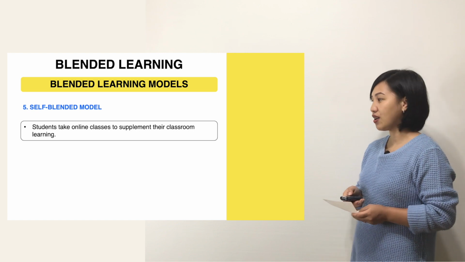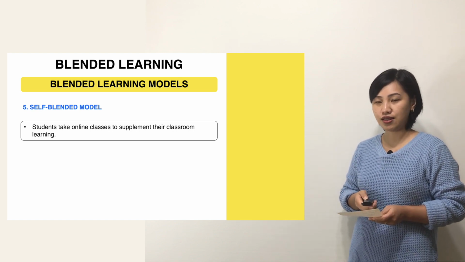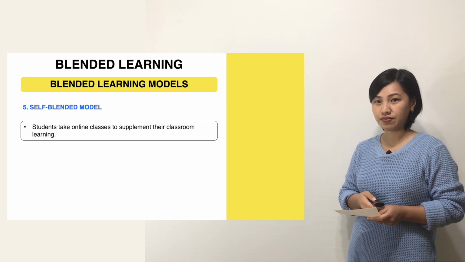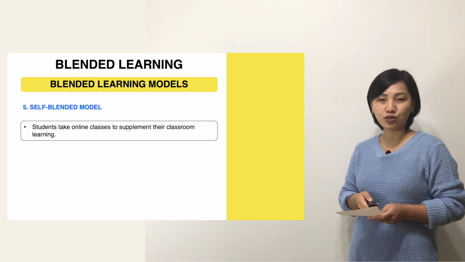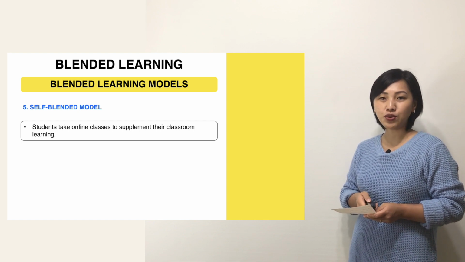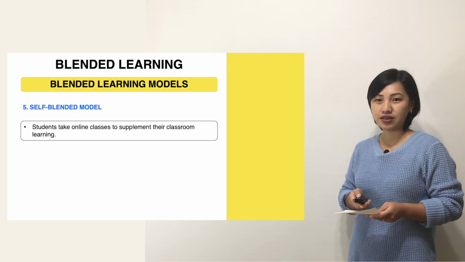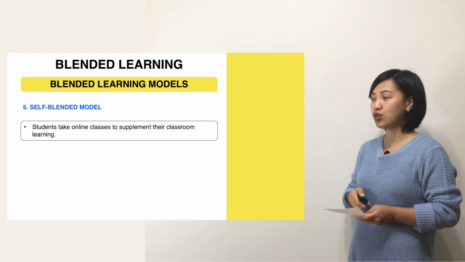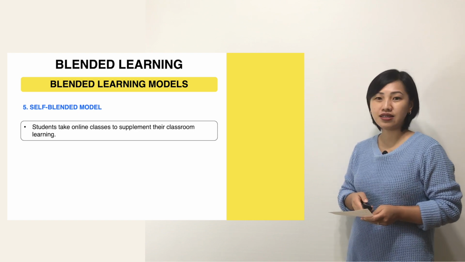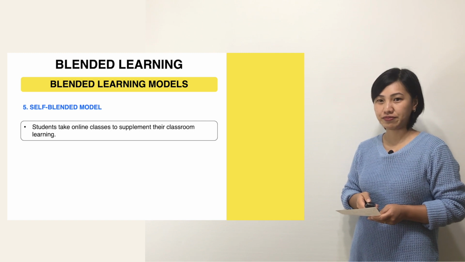So it's not necessarily connected to the courses they take in school. In order for this method of blended learning to be successful, students must be highly self-motivated. Self-blend is ideal for the student who wants to take additional courses and is determined to do it on his or her own.